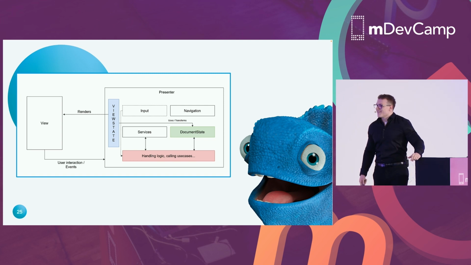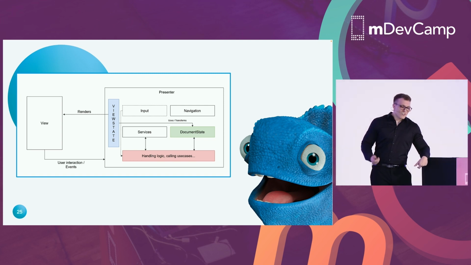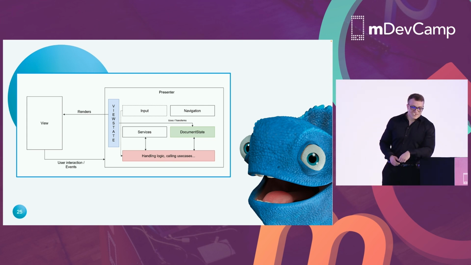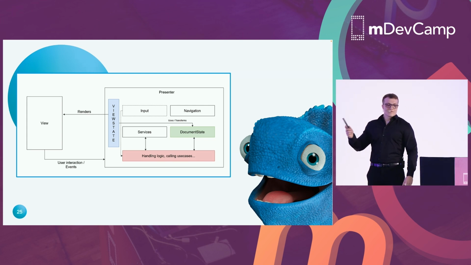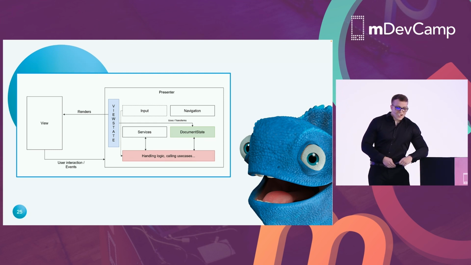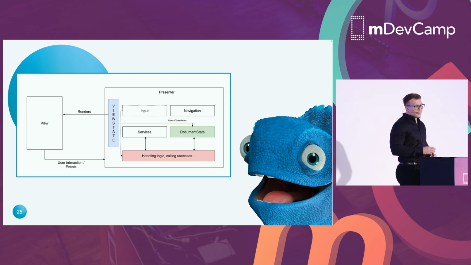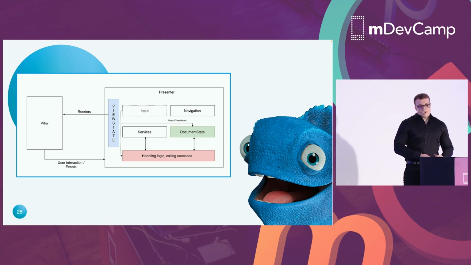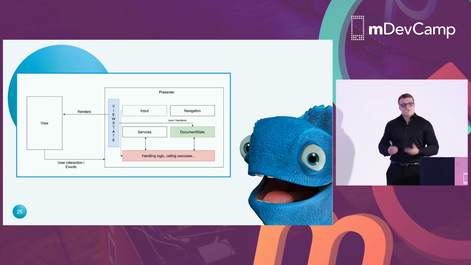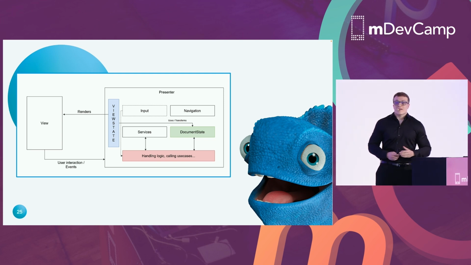There is a diagram. Don't worry, it's definitely not perfect, but it will convey the message. So we have the view, which the user uses to interact with the application, and it sends events to the presenter. A presenter has two states: view state and document state. The reason why we have two is because view state is an enumeration.